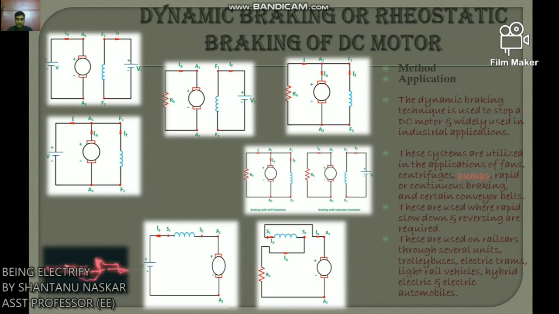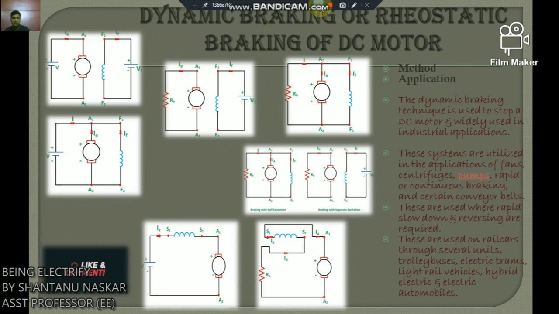For the braking operation in dynamic braking, the motor is connected in two ways. Firstly, the separately excited or shunt motor can be connected as a separately excited generator, where the flux is kept constant. The second way is that it can be connected as a self-excited shunt generator, with the field winding in parallel with the armature.